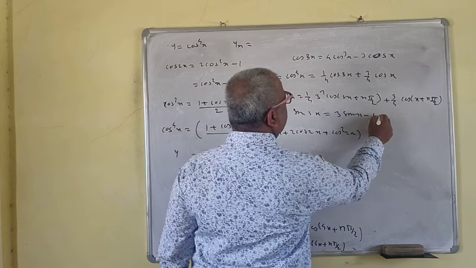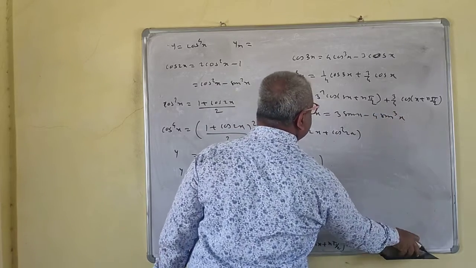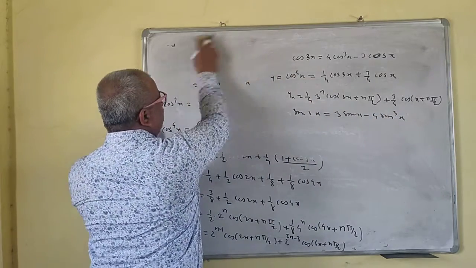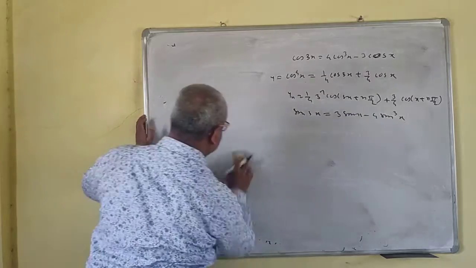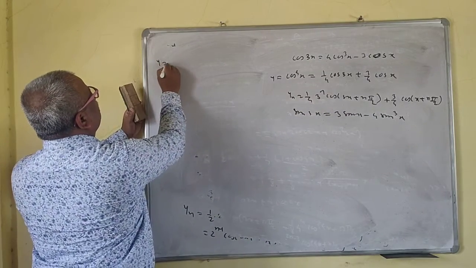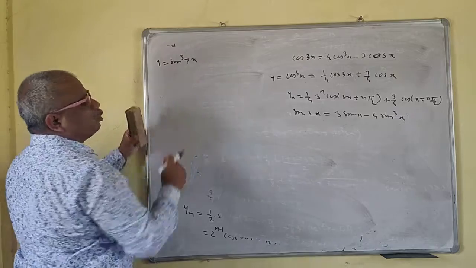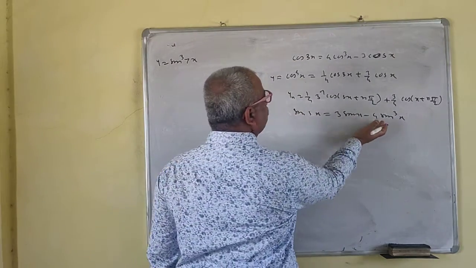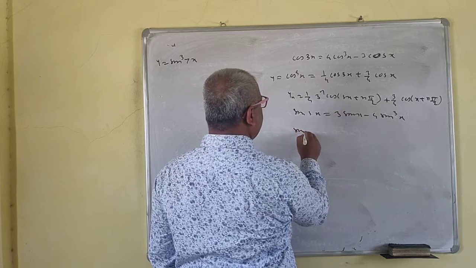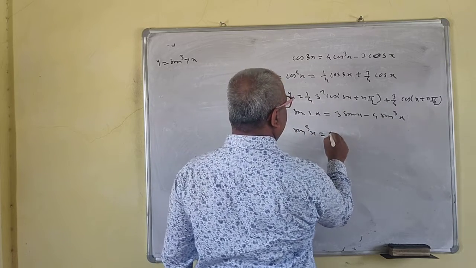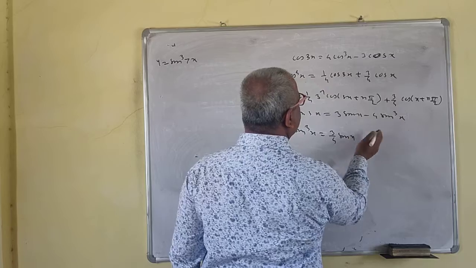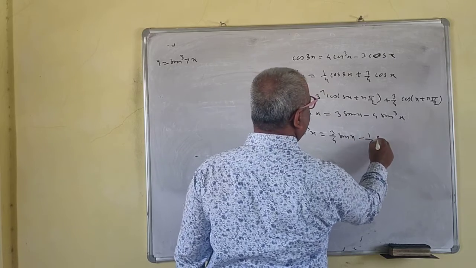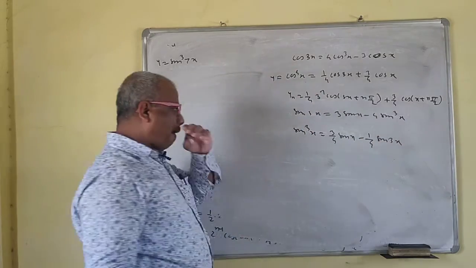Similarly for sin 3x, you have the formula for sin 3x: 3 sin x minus 4 sin cube x. So that means if your y is equal to sin cube 7x, suppose. You get the formula for sin cube x here. Just you have to shift this side and this side. So sin cube x is equal to 3 by 4 sin x minus 1 by 4 sin 3x.